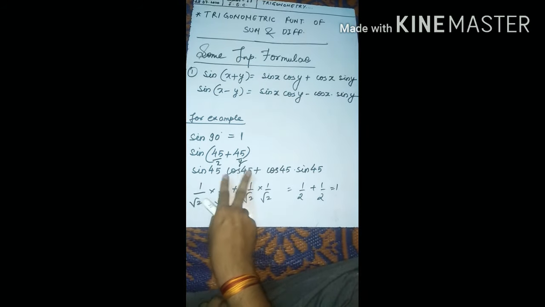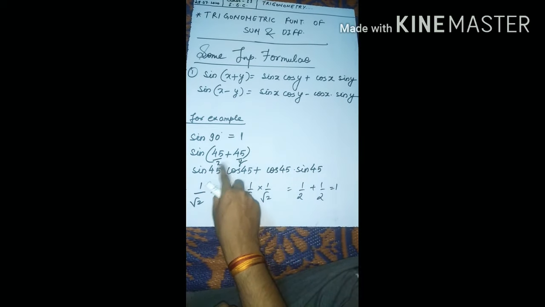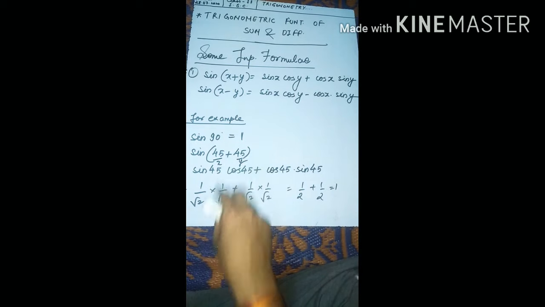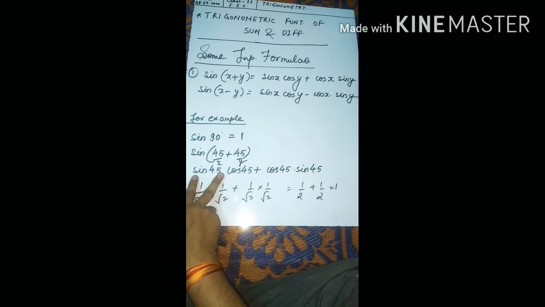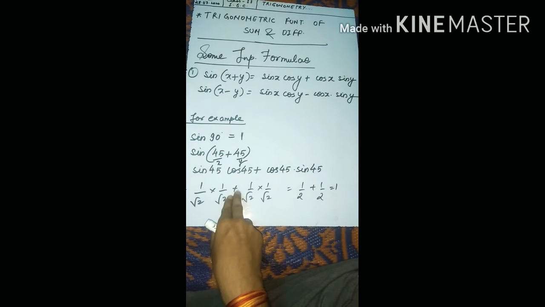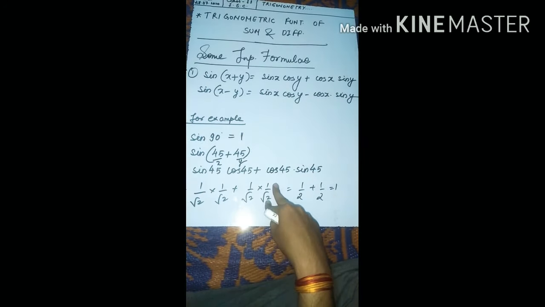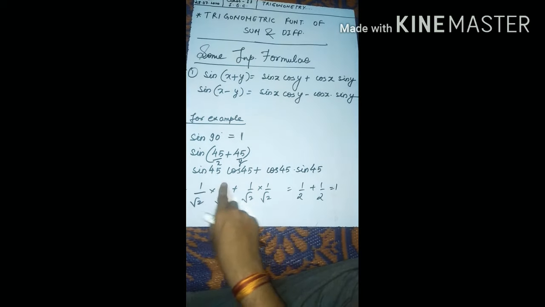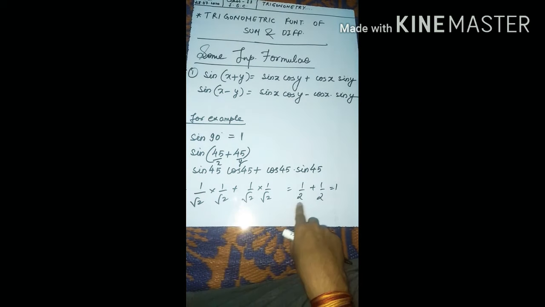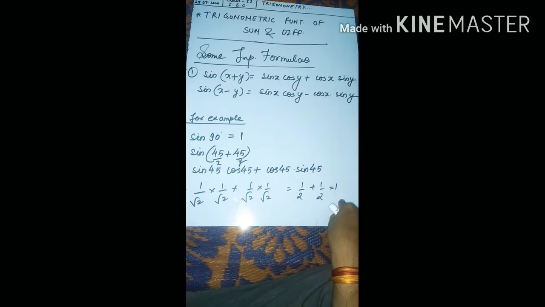So sin 45 cos 45 plus cos 45 sin 45, as x and y they both are the same. Sin 45 is 1 upon under root 2. Cos 45 is 1 upon under root 2. Plus cos 45 is again 1 upon under root 2, and sin 45 is also 1 upon under root 2. So 1 into 1, 1. Root 2 into root 2 will give you 2.